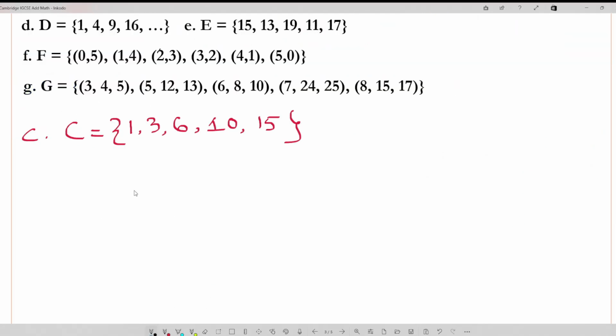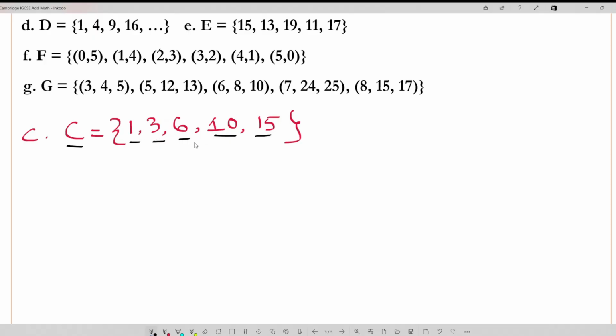Number C. C is a set whose elements are 1, 3, 6, 10, 15. This is a very interesting thing. Look, the first element is 1, the second element is 3, the third element is 6.